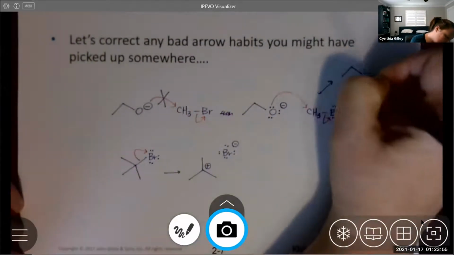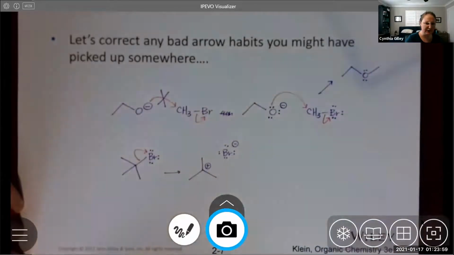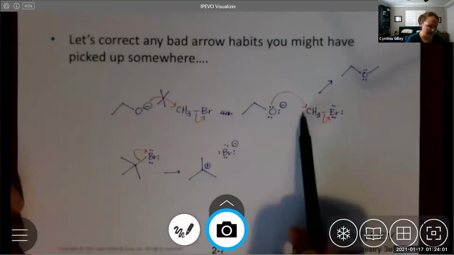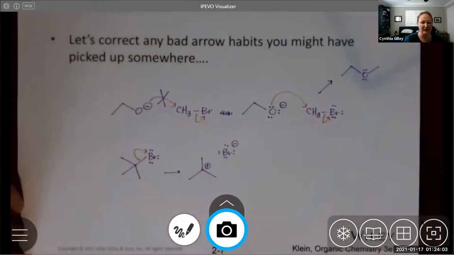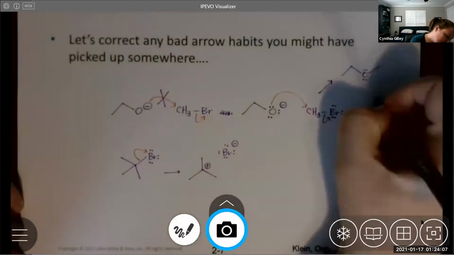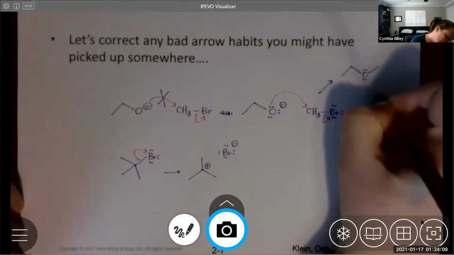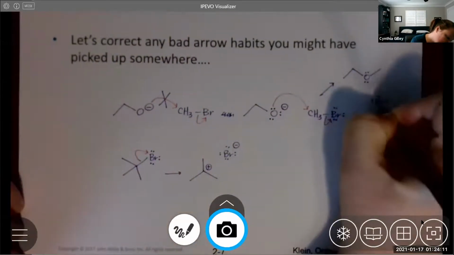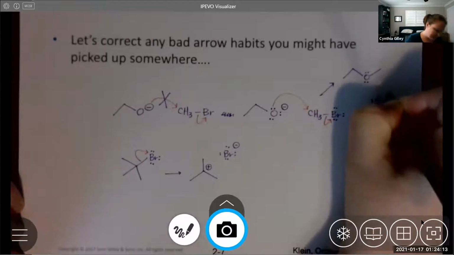We have formation of a new oxygen carbon bond. And if you want to draw the CH3 here, you can. But remember, with line structures, that's often left out. And then we also formed some bromide ion. That's what formed in that SN2 reaction.